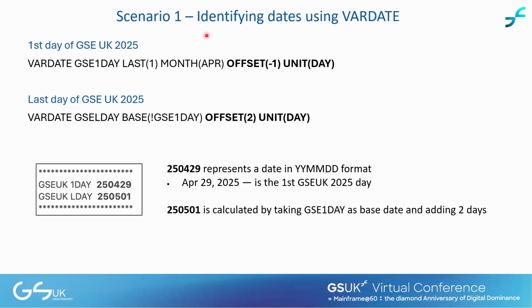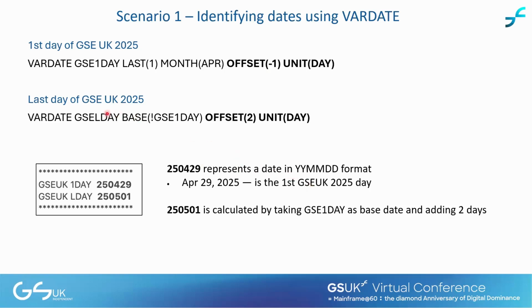The variable GSE first day will get the value of the last day of the month of April, which is 30th of April, and we'll do an offset of -1 day of that date, and it will fall on 29th of April, which is the first day of the GSE UK conference.